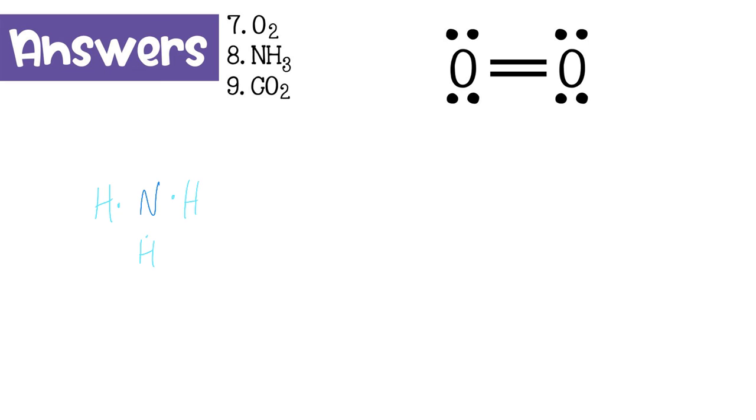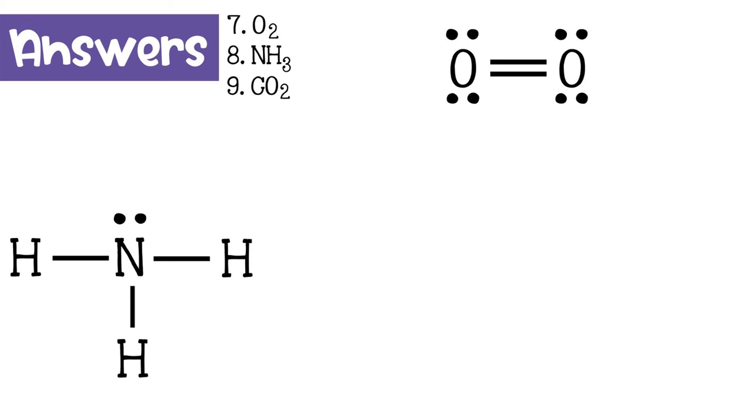Nitrogen has 5 electrons. When you place these on your Lewis dot diagram, that's 1 lone pair and 3 unpaired electrons. So these unpaired electrons are each going to pair up with an electron from a hydrogen to make a shared pair of electrons, or a bond.